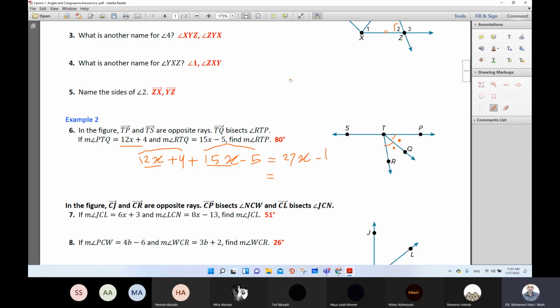So we can write here 12x plus 4 equals 15x minus 5.